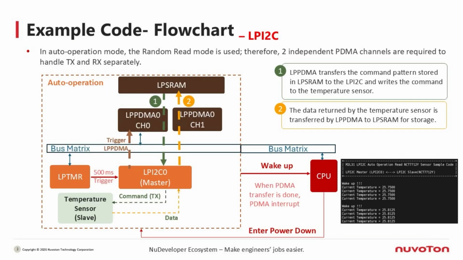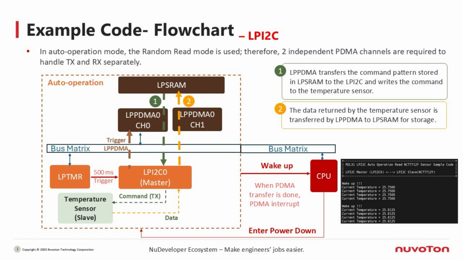Let's first take a look at the flow of this example program. The M2L31 uses Low Power I2C in auto operation mode, combined with Low Power PDMA and the Low Power timer to periodically read the temperature sensor. The Low Power timer automatically triggers the Low Power I2C every 500 milliseconds.